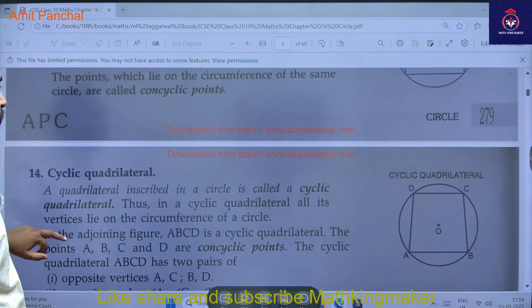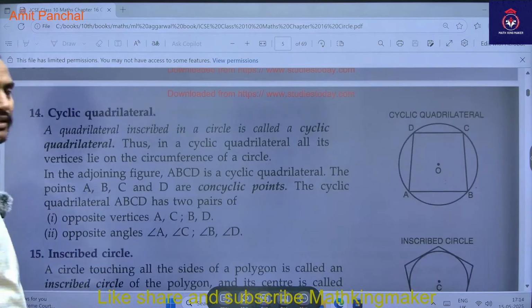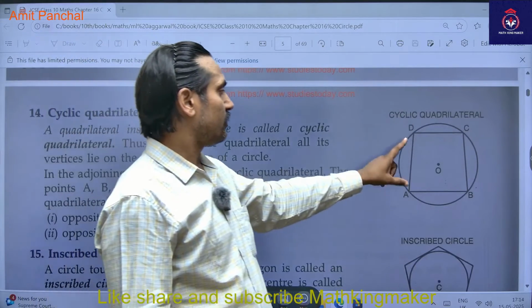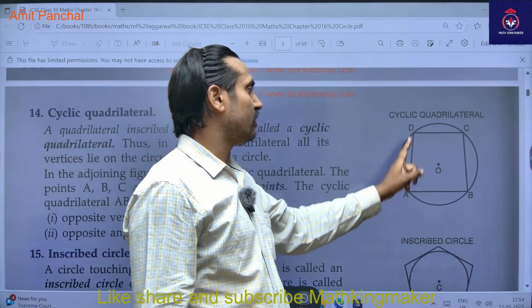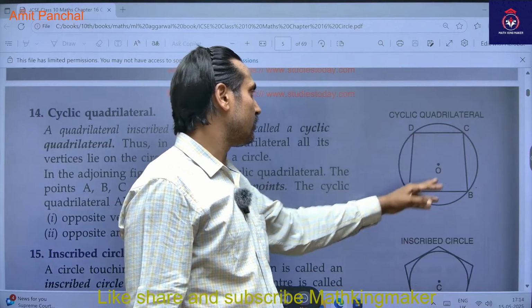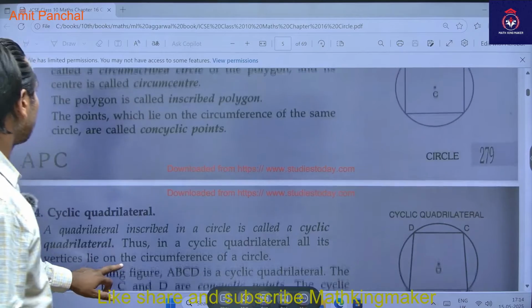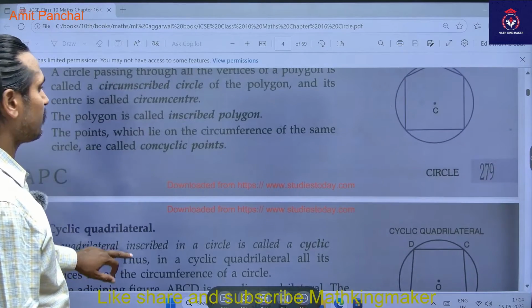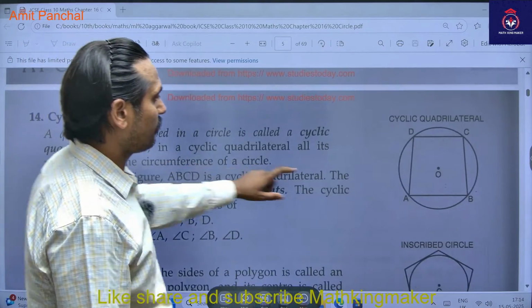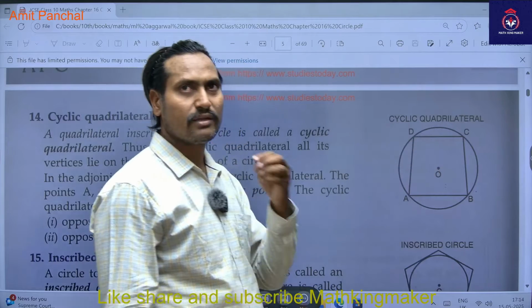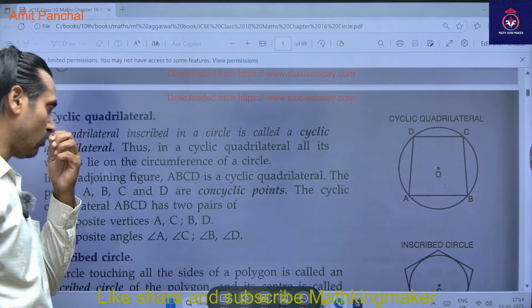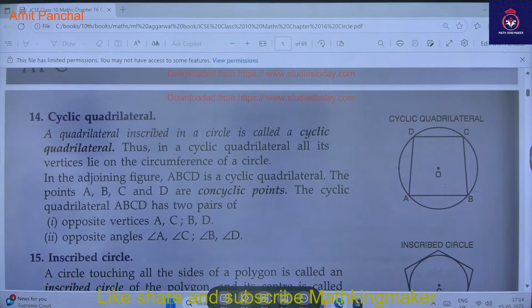Now cyclic quadrilateral. If you have drawn a quadrilateral and it is inscribed in a circle, that type of quadrilateral is said to be a cyclic quadrilateral.